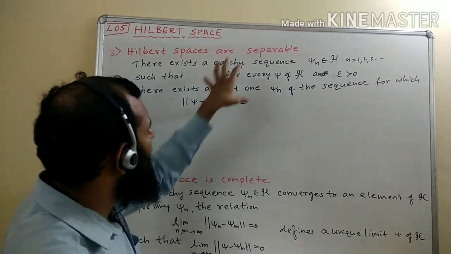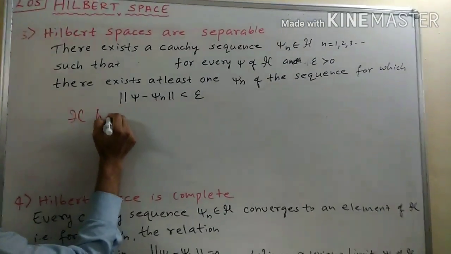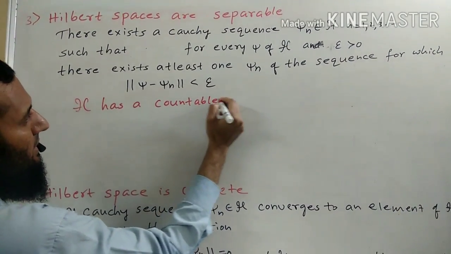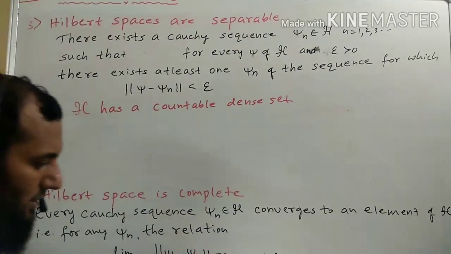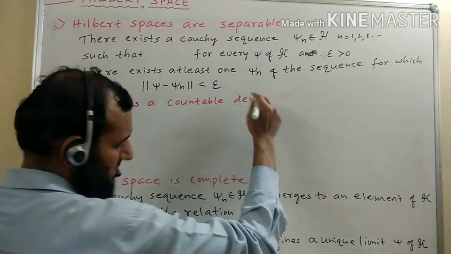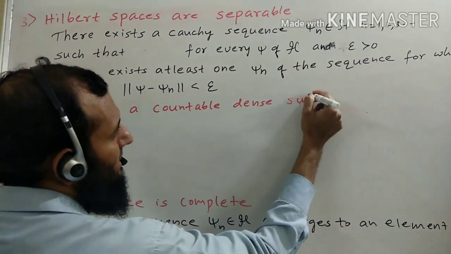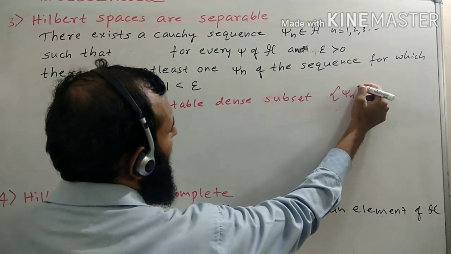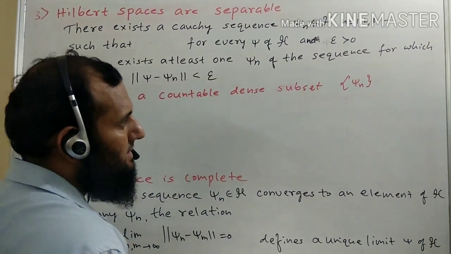The meaning of this definition is that H has a countable dense subset. That subset we can denote by psi n. So Hilbert space has a countable dense subset.